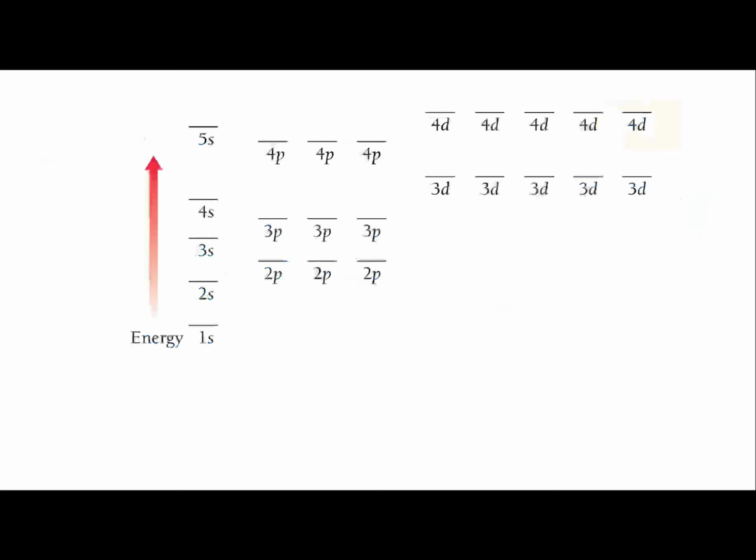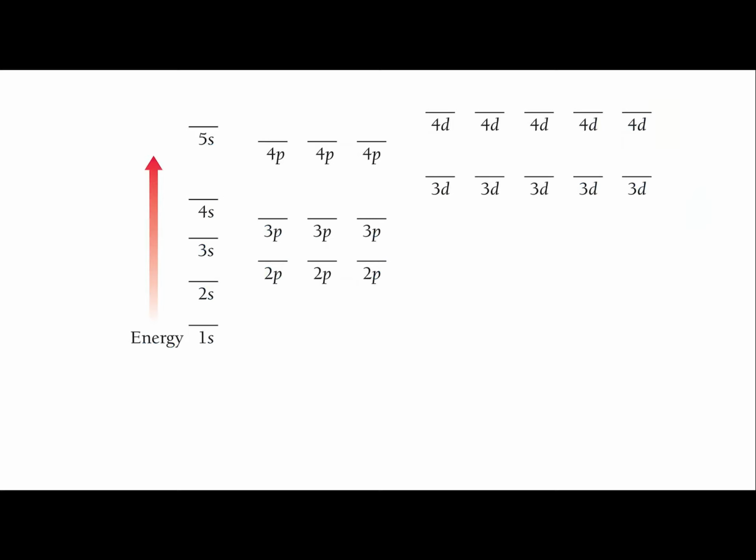Now, energy ordering of multiple electron atoms is a little complicated. There are different subshells within the same energy level, but these don't have the same energies. The reason they don't is because of electron-electron interactions. Electrons can repel each other. They can also shield each other from the positive charge at the center of the atom, right?